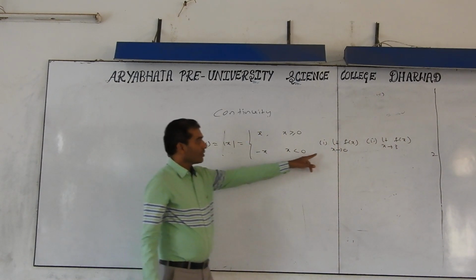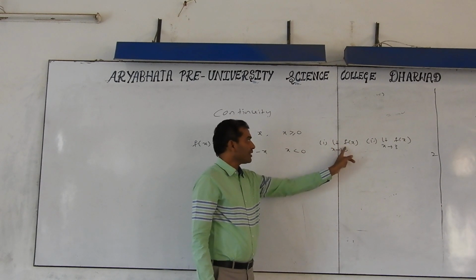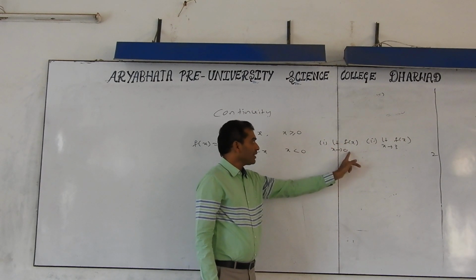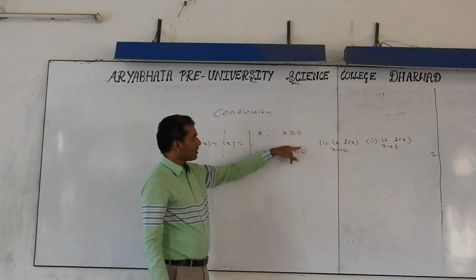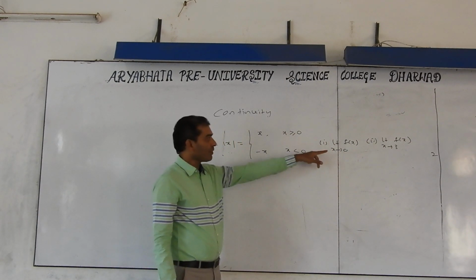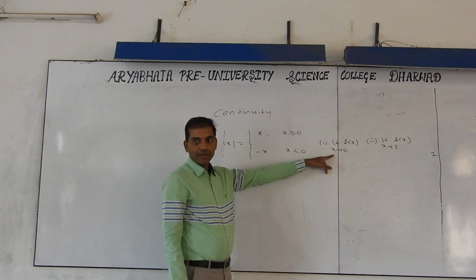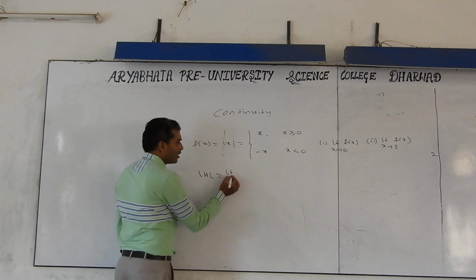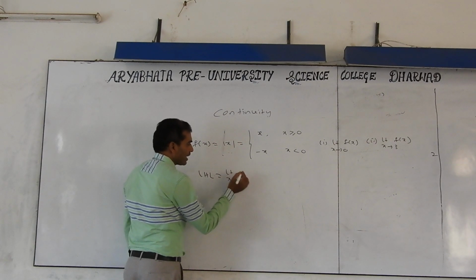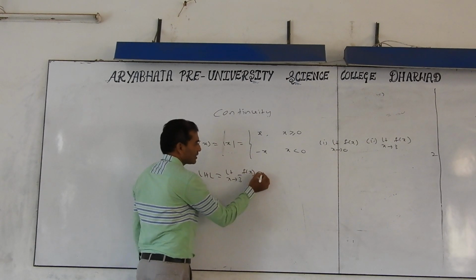To find this limit, at what point are we going to find the limit? 0. So check first whether it is changing at 0. Yes. Then we should find the left limit and right limit. LHL: limit x tends to 0 minus f of x.